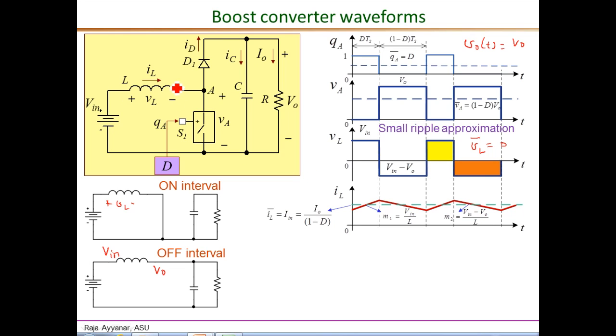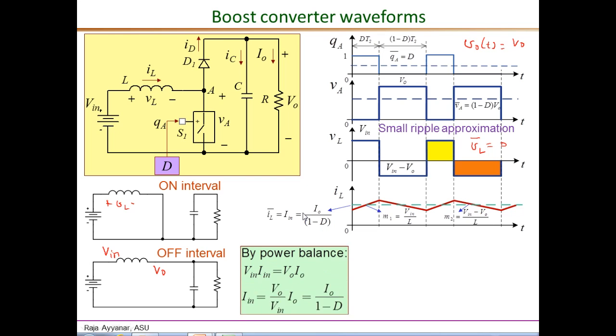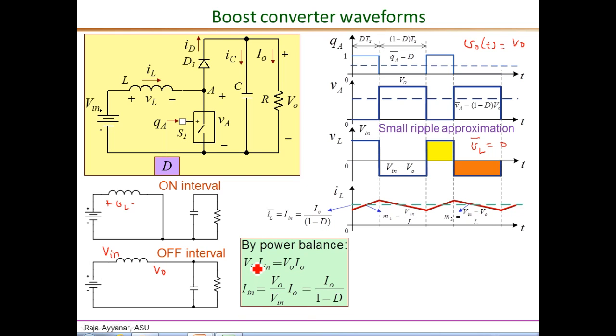Now to get the average current, we see that the inductor is connected directly in series with the input. Therefore the average inductor current, IL bar, is exactly the same as the input current In, and in terms of the load current it is given by this expression. Essentially this comes from the power balance, which states that under steady state, neglecting losses, Vin times In equals Vo times Io.